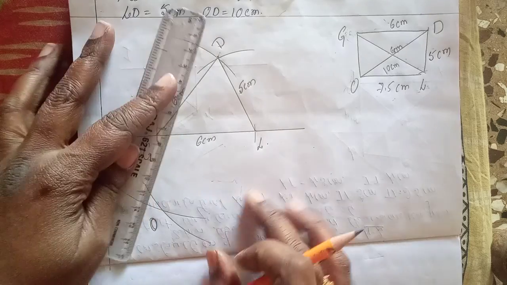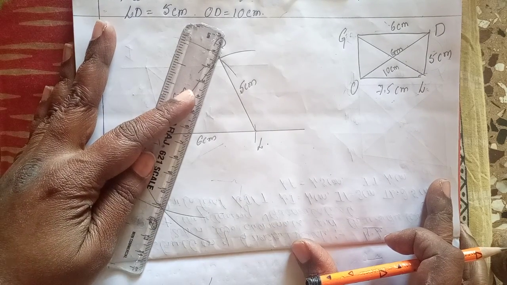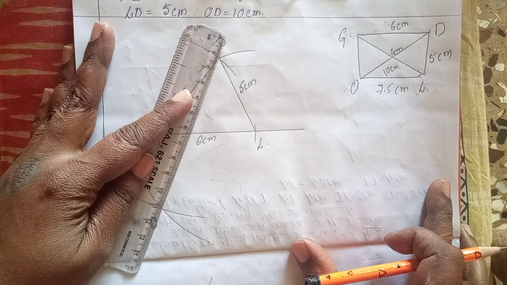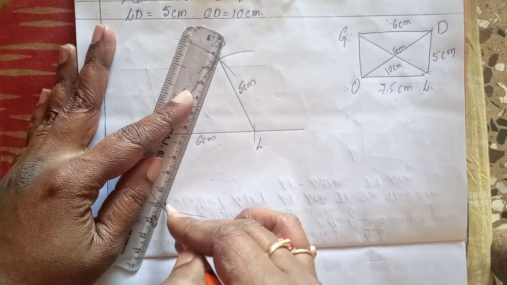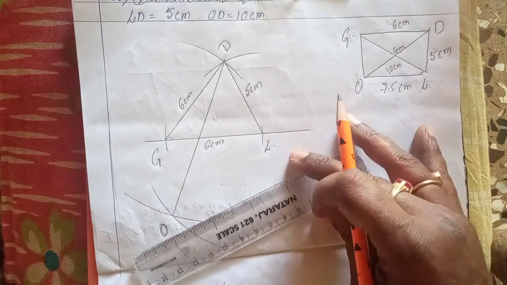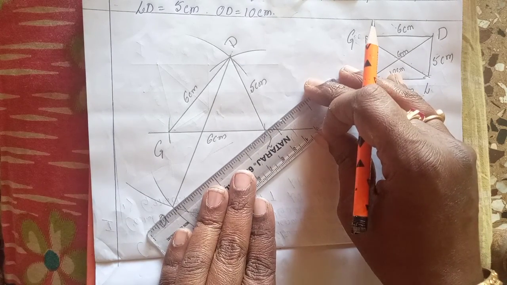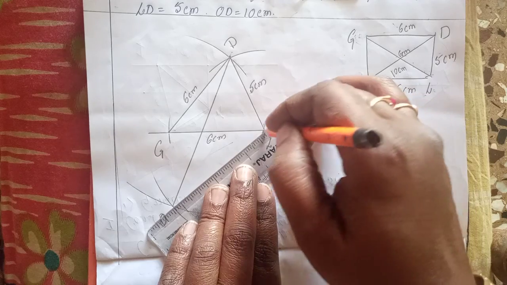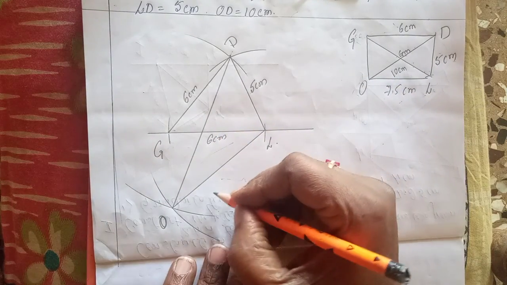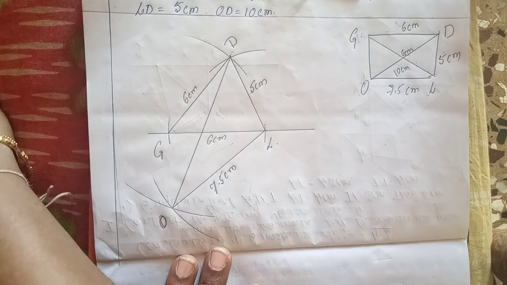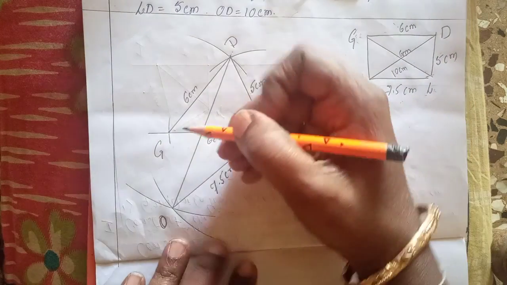Now join OL and OD. Join like this, and here also join OL. OL is 7.5 centimeter and OD is 10 centimeter.